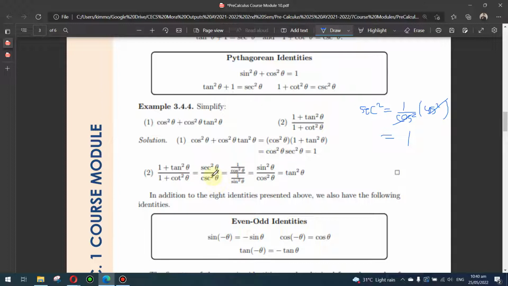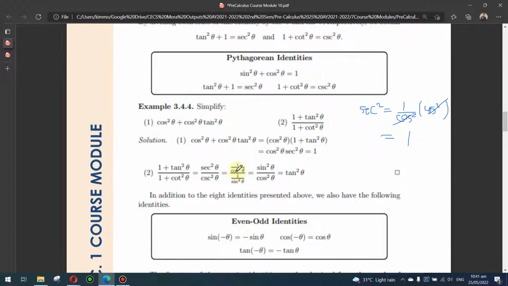Then cosecant squared, by using the reciprocal identity, is actually equal to 1 over sine squared. So we have 1 over cosine squared theta divided by 1 over sine squared theta.